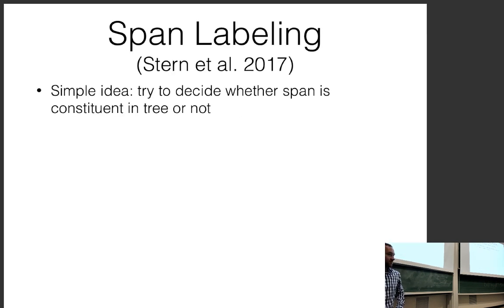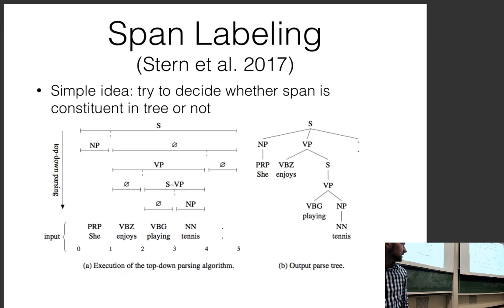So there's an even simpler model, which is just a span labeling model. And the basic idea of this is you try to decide whether a span is a constituent in a tree or not. And the idea here is essentially we know that this is a span in the tree.